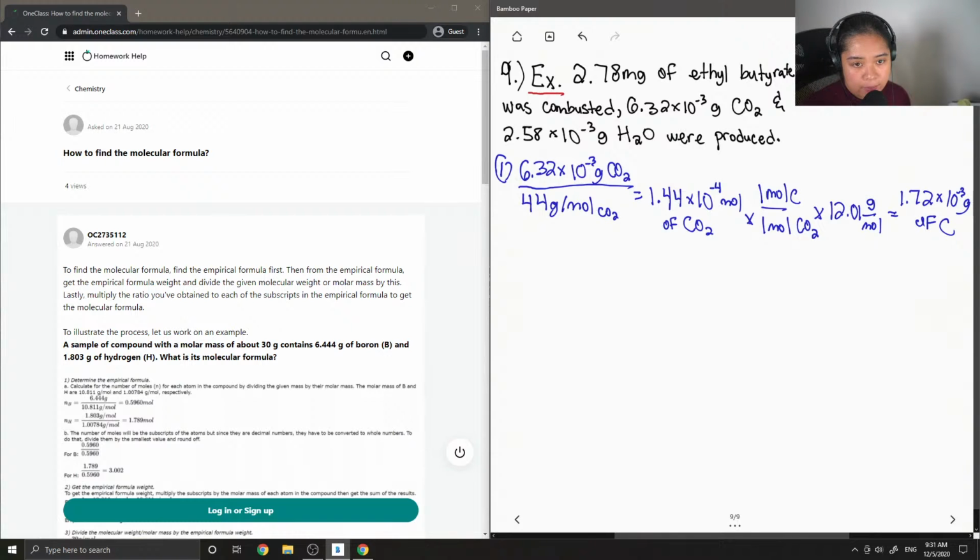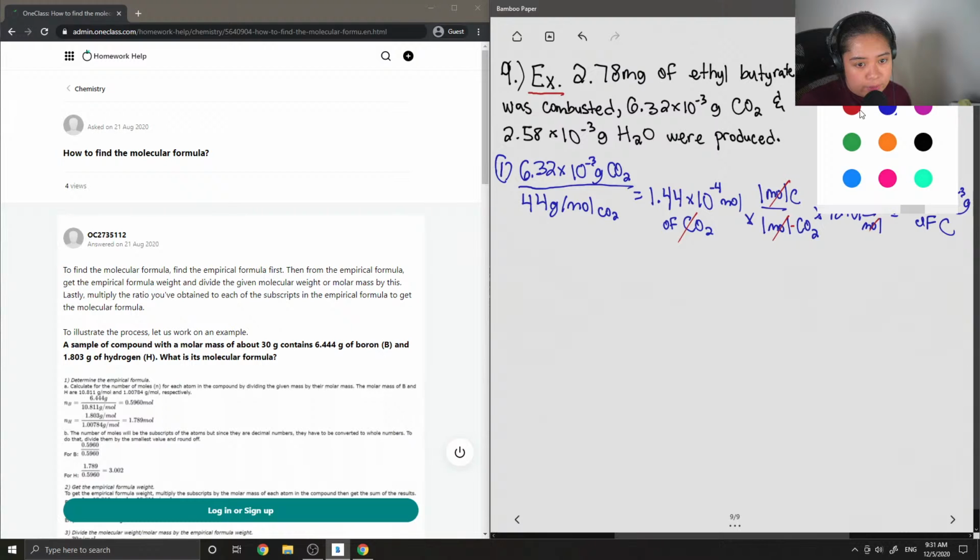So this is how much carbon was in the original ethyl butyrate sample.